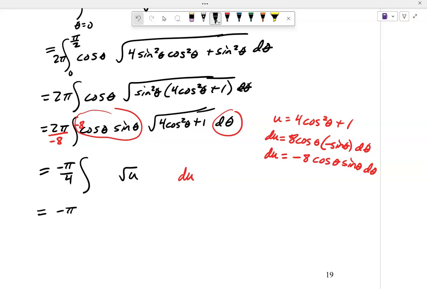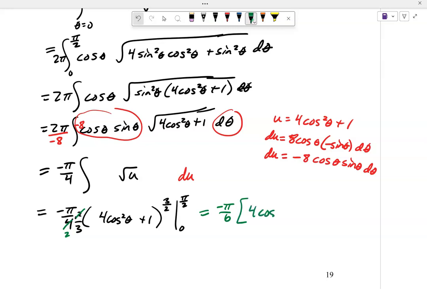So we've got u to the 3/2, all over 3/2, so times 2/3, and our u here is 4 cosine squared theta plus 1. And then this will be from 0 to pi/2. And 2 over 4 is a half, so I got negative pi/6. Let me do it like this.